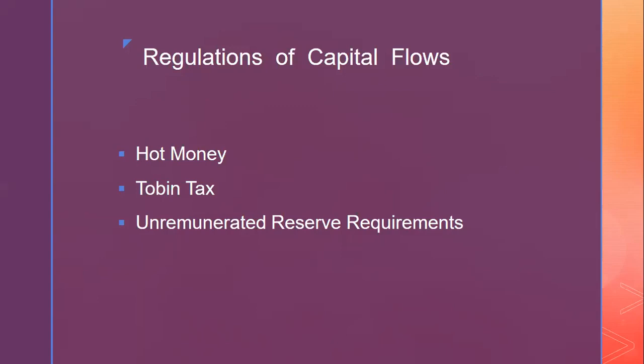Because people know when there is a Tobin tax, when they are converting their currency into domestic currency, they have to pay this tax. So it might lower their return. So it will demotivate people from using this hot money for the investment opportunities.